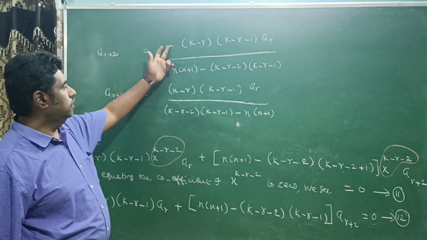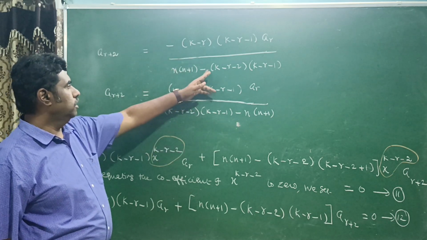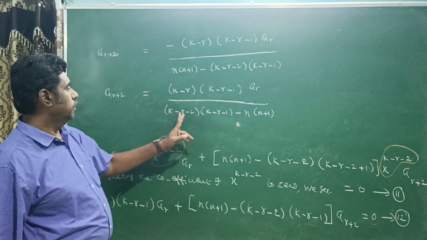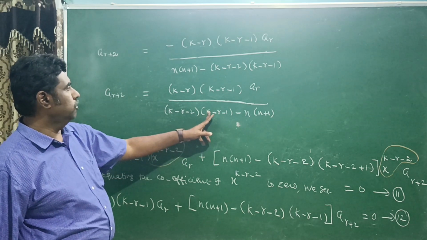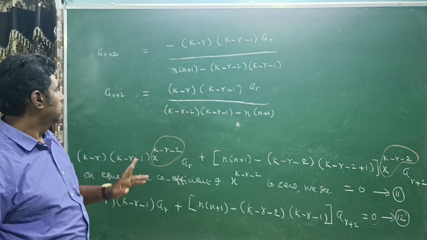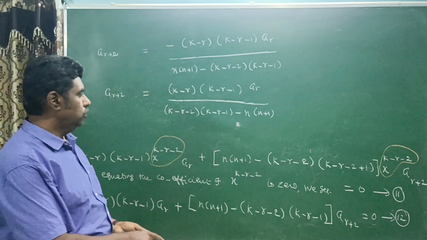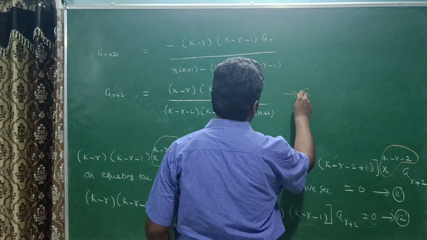This negative sign is changed in this way. Multiply with the help of a negative sign, this term is modified: k minus r minus 2 into k minus r minus 1 minus of this term. So this is changed as positive. This is the value of ar plus 2. Say this is equation number 13.